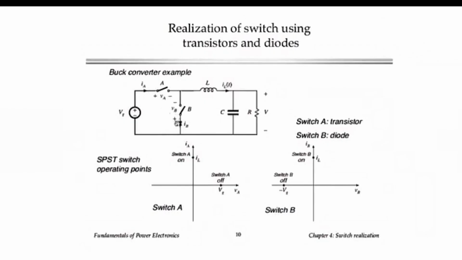VA, we define the reference direction as positive to negative, and VB is from negative to positive. Now what we have to do is figure out the on state current imposed on the switch by the converter, and also the off state voltage that the switches have to block.